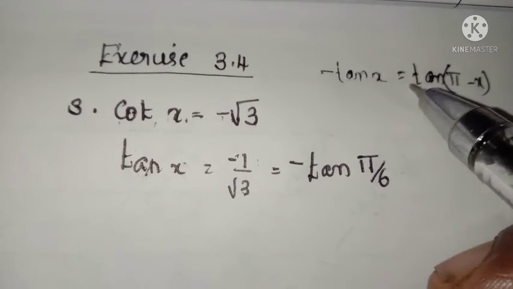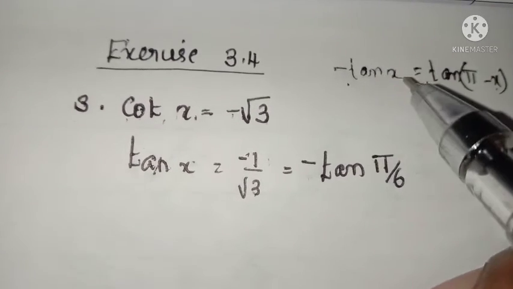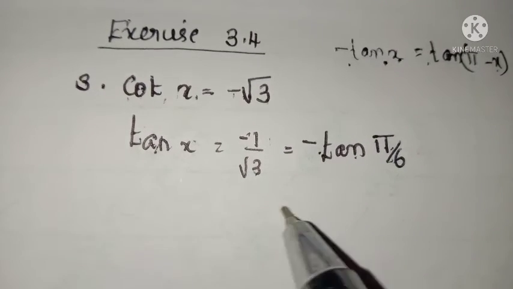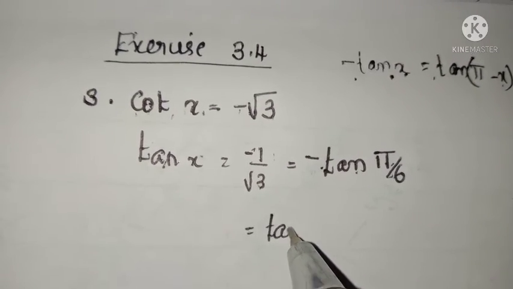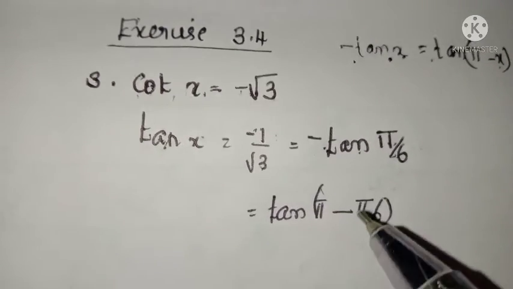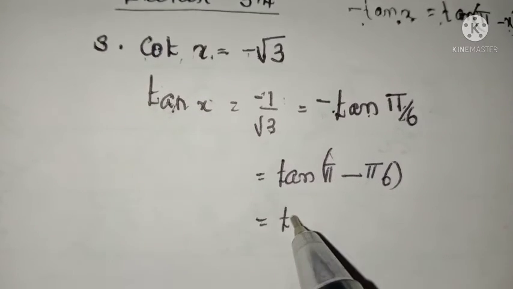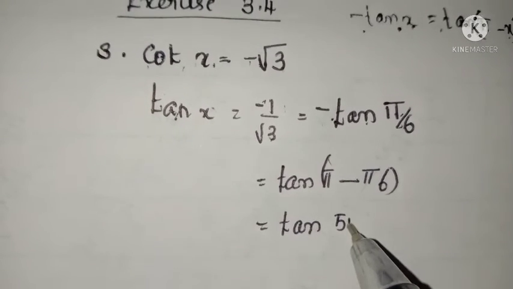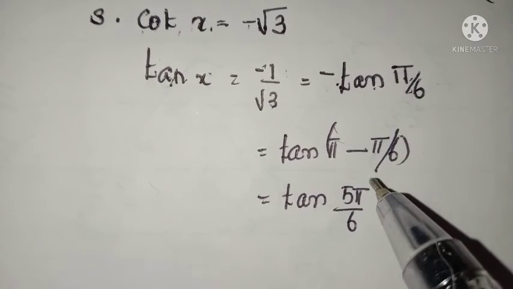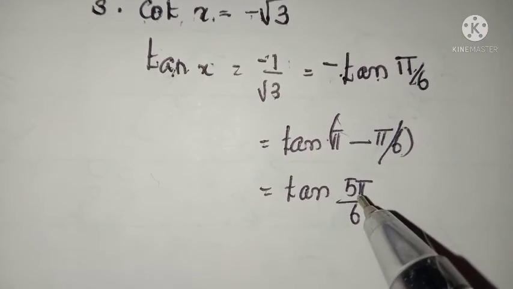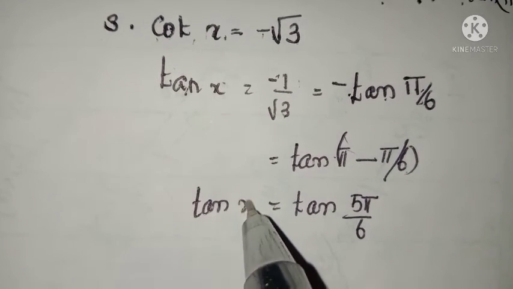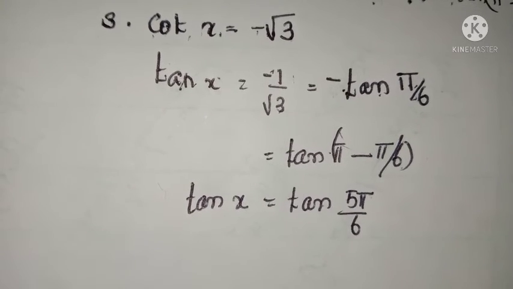Tan pi minus x equal to negative tan x. So what is negative tan pi by 6? It is tan pi minus pi by 6. Pi minus pi by 6 gives 5 pi by 6. So tan x equal to tan 5 pi by 6.